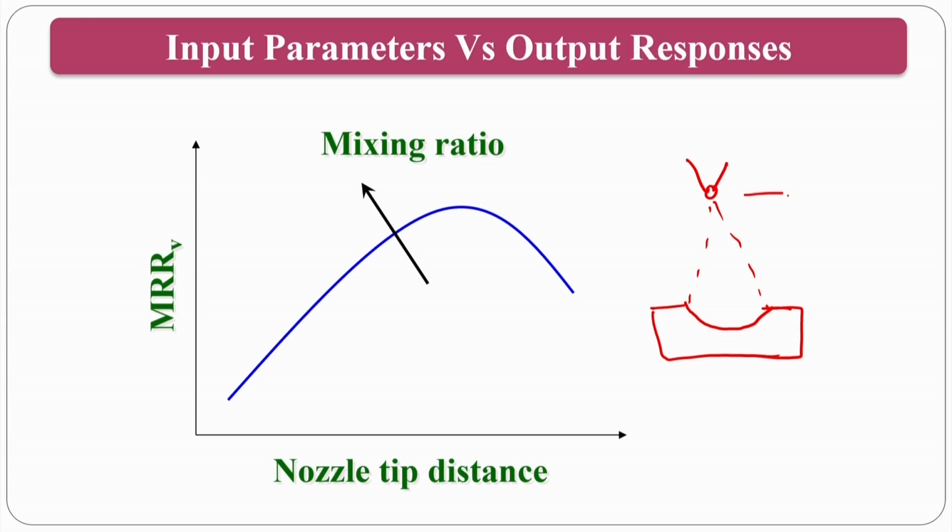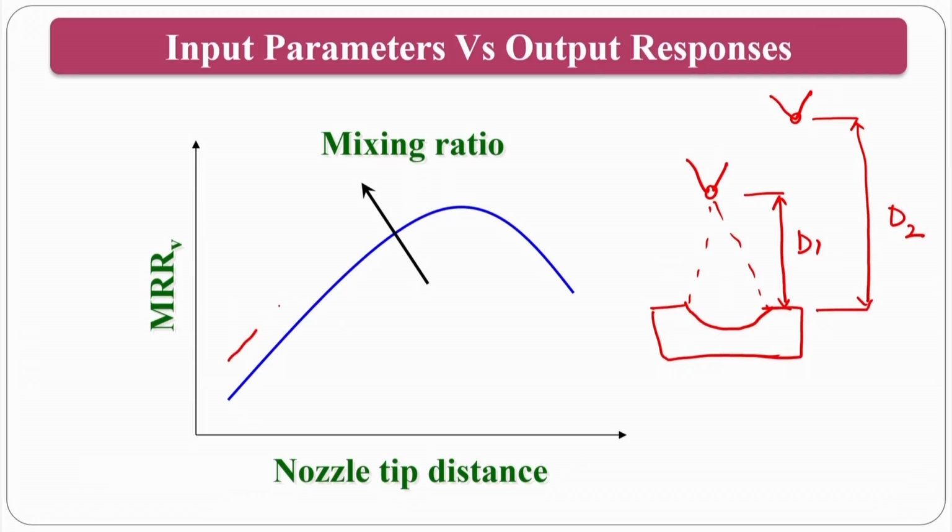As the distance is d1, if you go for d2, it loses its velocity. The losses will be there because it is coming into the atmosphere and the pressure difference is there. Because of the pressure difference, the velocity will be lost.